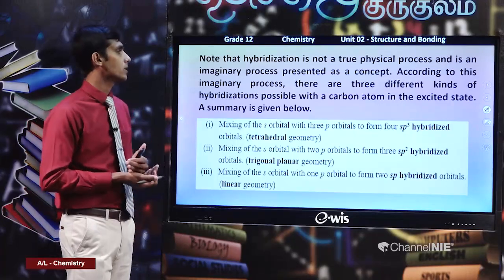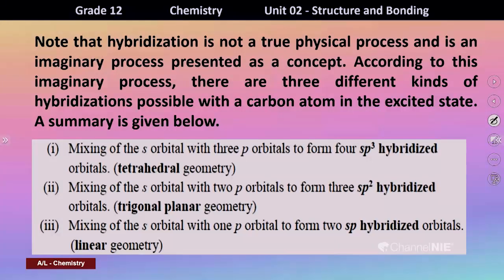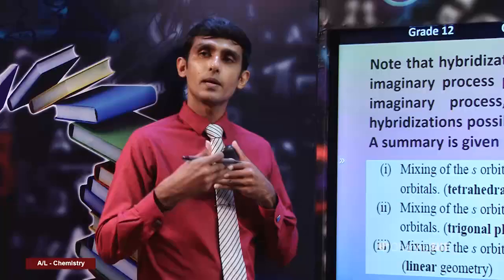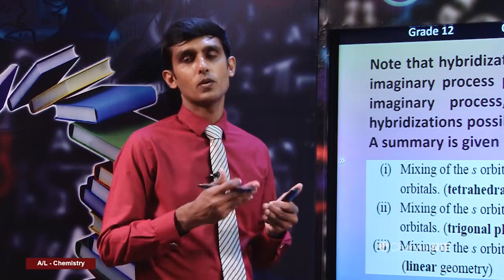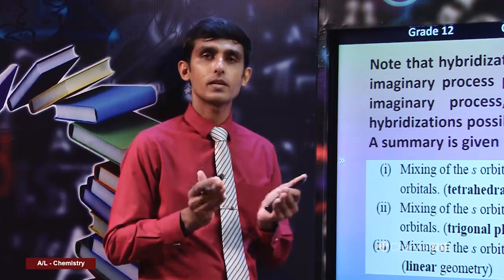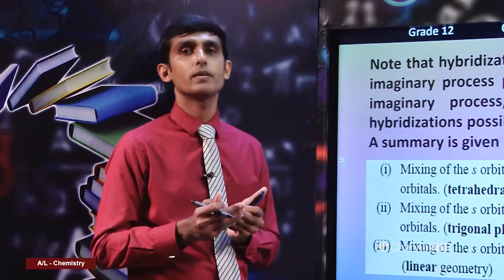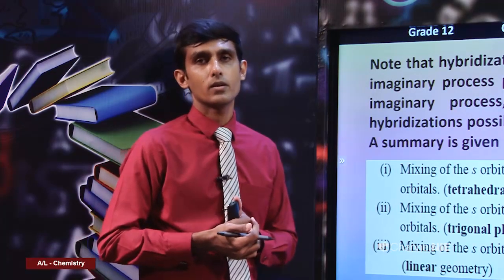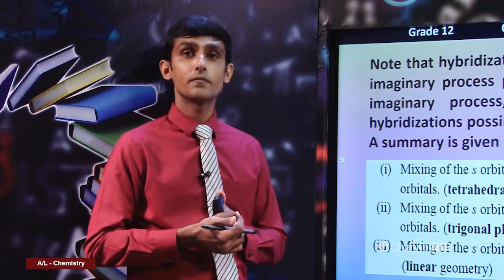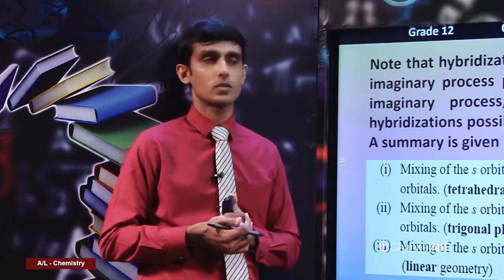According to this imaginary process, there are 3 different kinds of hybridization possible for the carbon atom. When it comes to the carbon atom, we can discuss 3 different types of hybridization according to the different types of molecules formed by carbon. When we study different types of molecules formed by carbon, we can identify that carbon can undergo 3 different types of hybridization processes.